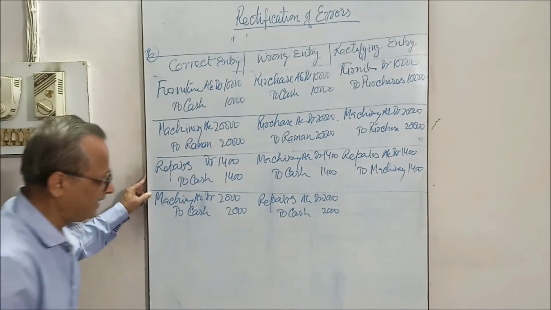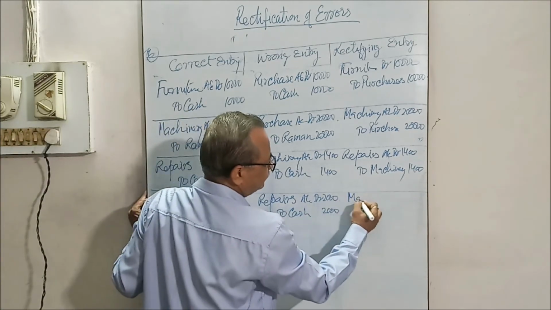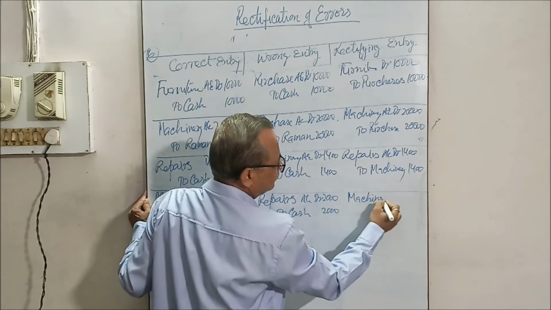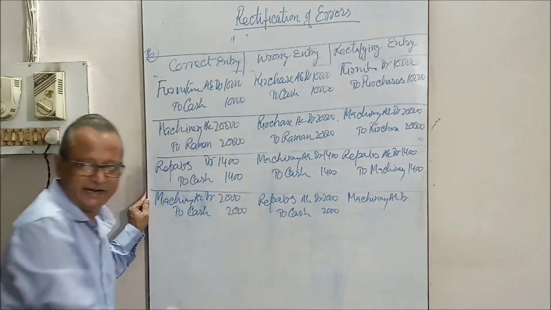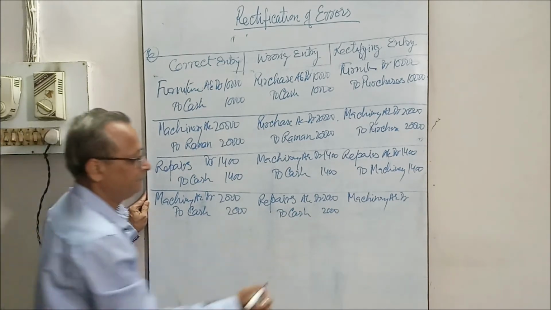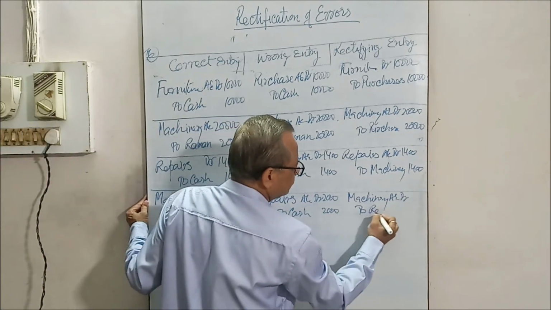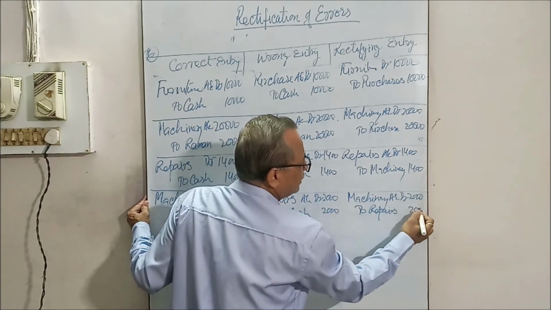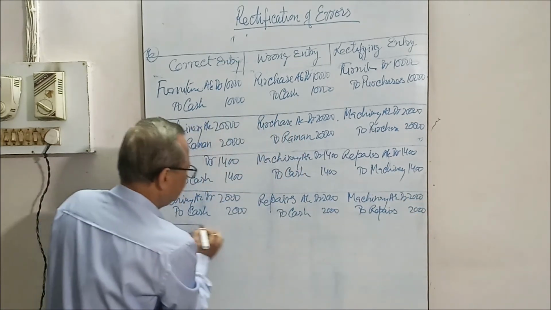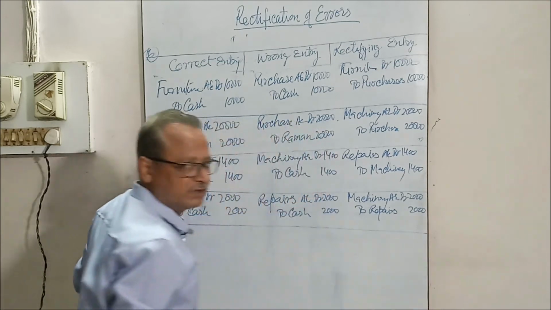So debit the machinery, and repairs should not be debited, credit the repairs. This is all error of principles.